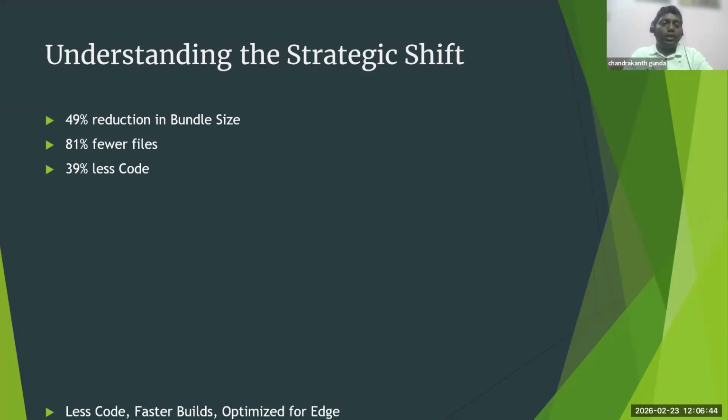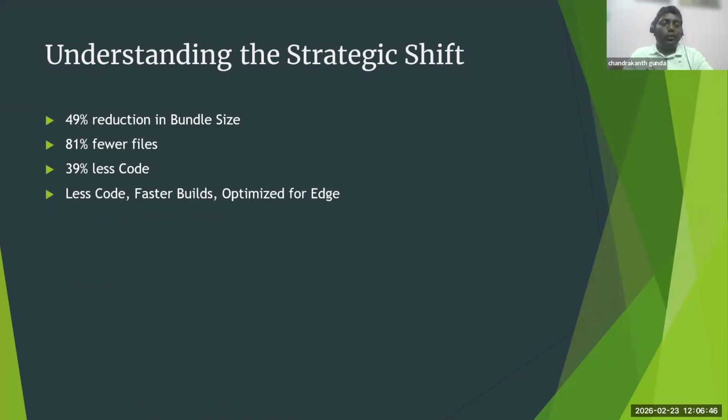Because of this, the build is faster and the content delivery is optimized. That is the strategic reason why Sitecore moved from JSS to Content SDK.